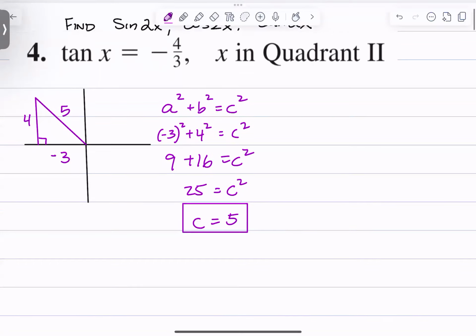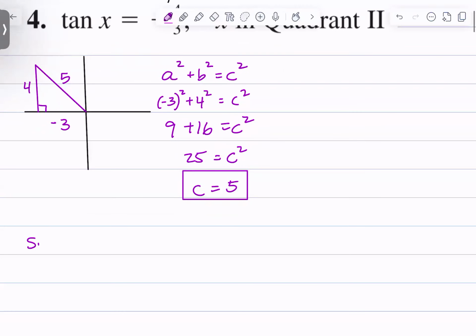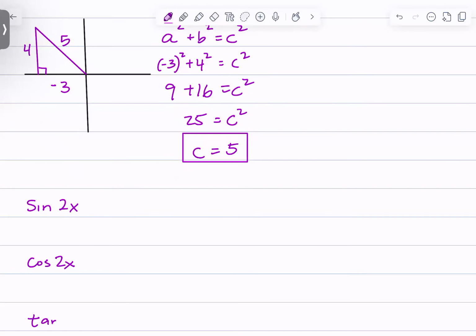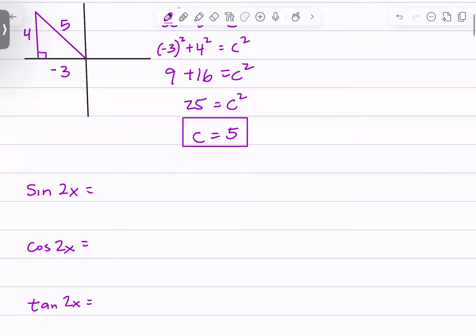So once you get that, we want the sine double angle, cosine double angle, and the tangent double angle, right? So if you have your formulas handy for double angle, you know the double angle for sine is 2 sine x times cosine x. You know that for cosine, there's 3 of them.